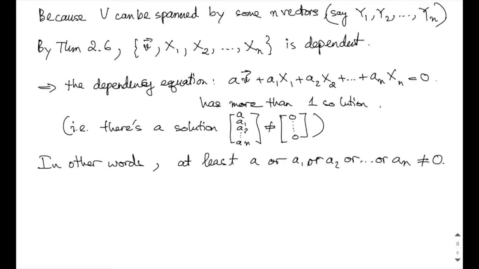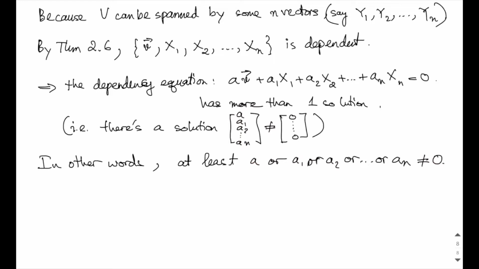But we are not sure which of these will be non-zero. We are just sure that because this is not the trivial solution, one of them will have to be non-zero. Now we need to show that a in fact has to be the non-zero coefficient. But how can we prove that?